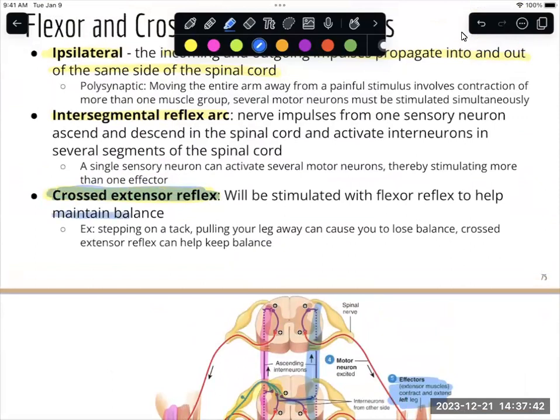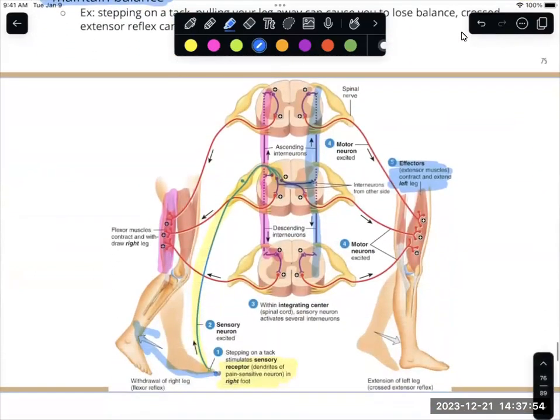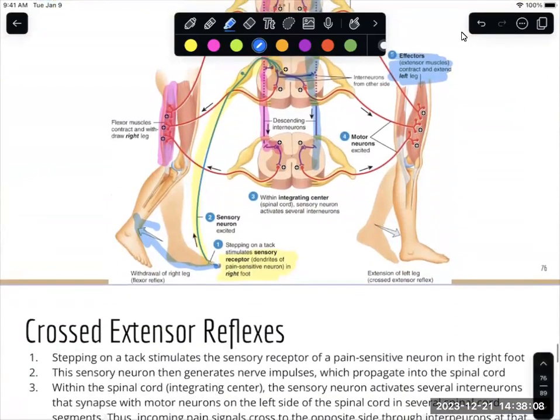This is what helps you maintain your balance when you're pulling the opposite leg off the ground so you can stay standing. Requires both sides to work. If one side is not working, say if that left side's not working, but you pull that right foot away, you're going to fall over. That's just how it works.